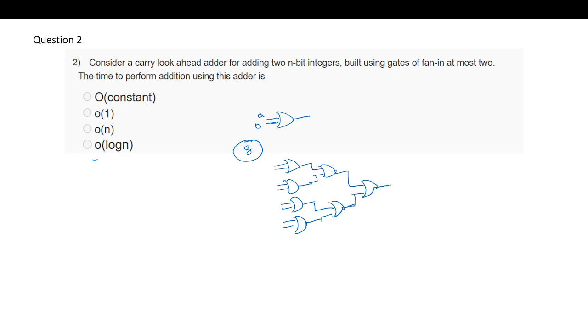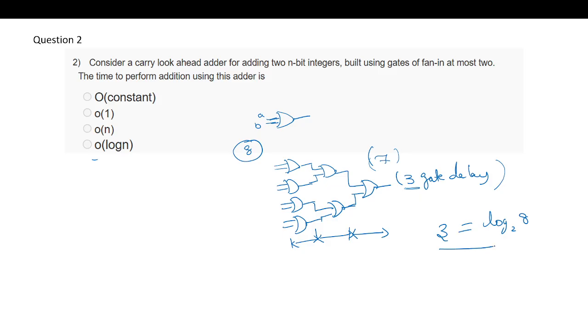So this way we need 4, 5, 6, 7 OR gates with 3 stages, 3 levels. That means we have 3 gate delays.